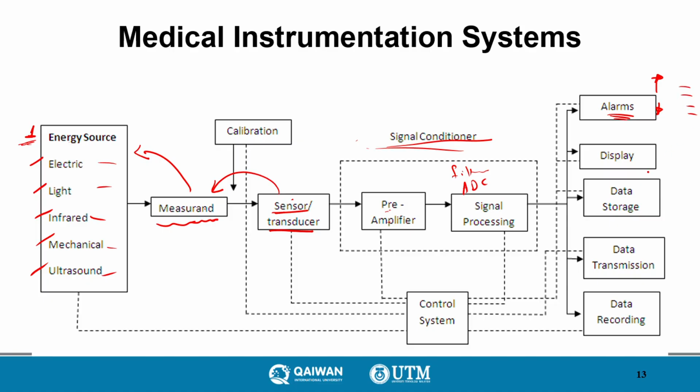display based on the size of the screen, data storage like in HDD, data transmission, for example via Wi-Fi or IoT or other types of data transmission, and data recording, like a printout on paper.